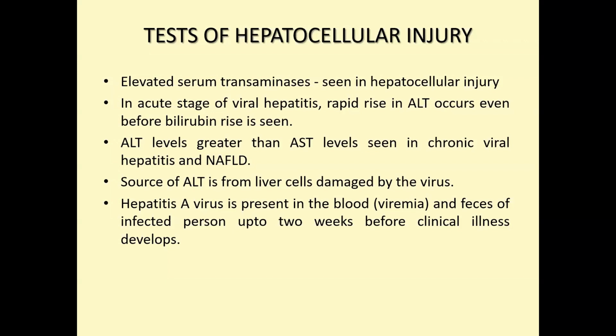Hepatitis A virus, so you see the beauty of the disease. Hepatitis A virus especially is present in the blood, viremia, and feces of the person up to 2 weeks before the illness develops. So in case of hepatitis, the virus is there first, in the blood and feces. After that, ALT rises, and after that the bilirubin rises.